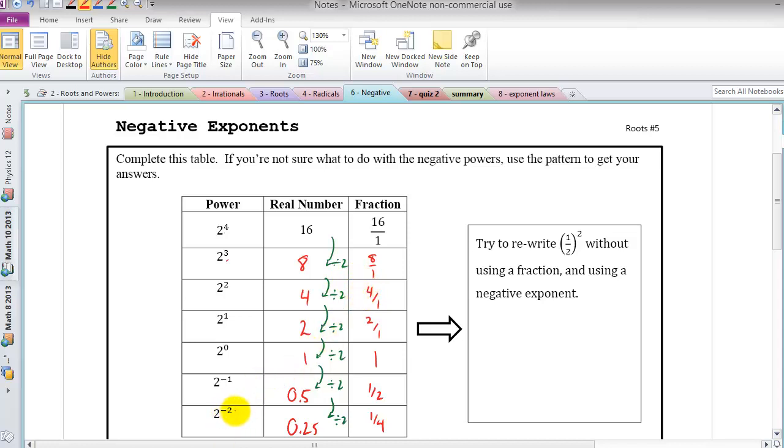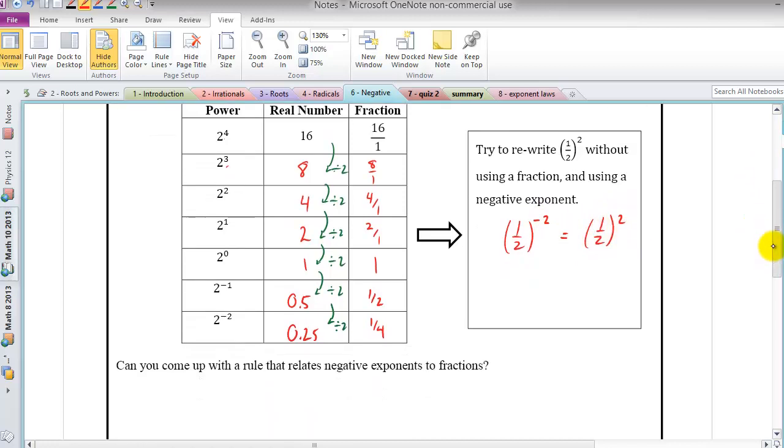In this example though, the exponent is negative, and it looks like the whole number, the 2 to the power 2, gets flipped into the denominator. It's like it gets flipped around. So it's kind of this idea, well, maybe a negative exponent flips around the base. So if I was to take a guess, I would say 1/2 to the negative 2 equals 2 to the 2. That's sort of the guess.